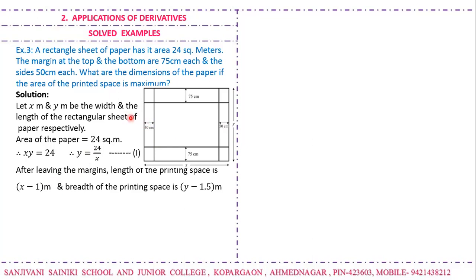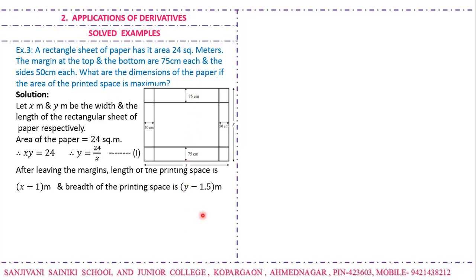So from the total length we leave 1 meter: x minus 1. For the top and bottom, 75 plus 75 comes out to be 150 centimeters, that means 1.5 meters. So from the breadth we subtract 1.5: y minus 1.5.